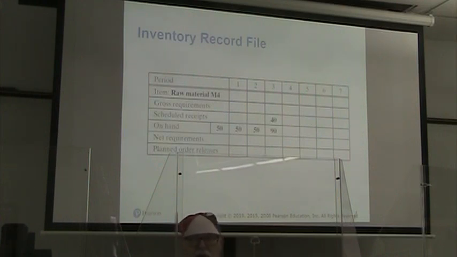Is it board feet of wood? Exactly what? We're scheduled to receive some in the third time period. There's no demand in time 1, so our on hand goes forward. There's no demand in time 2, that goes forward. We have a receipt in time 3, and that's added on to our 50 on hand.